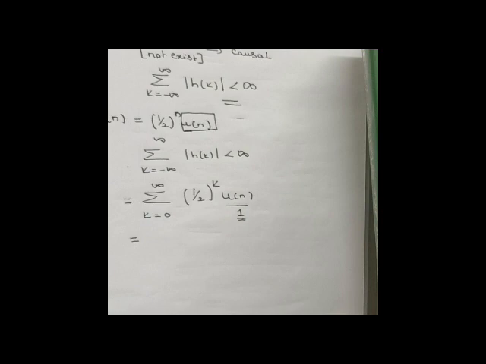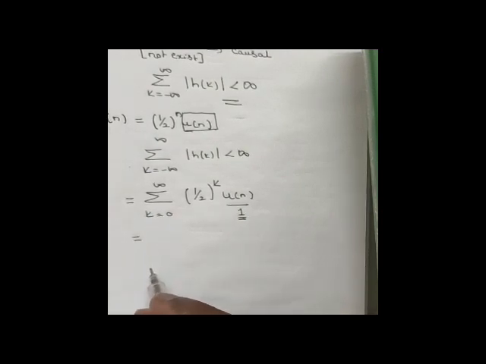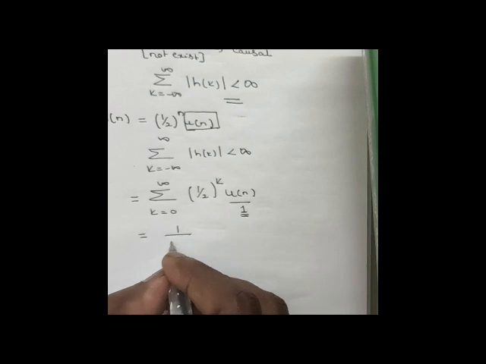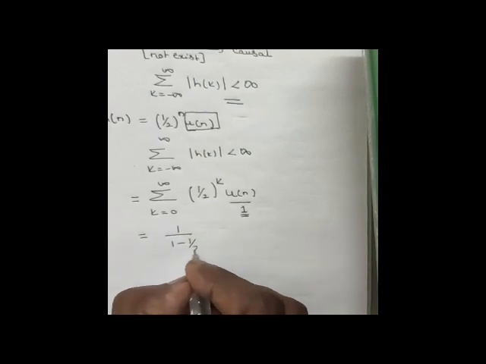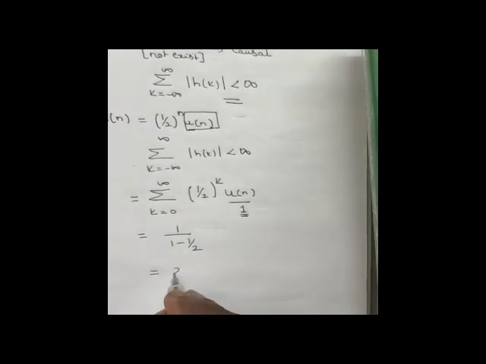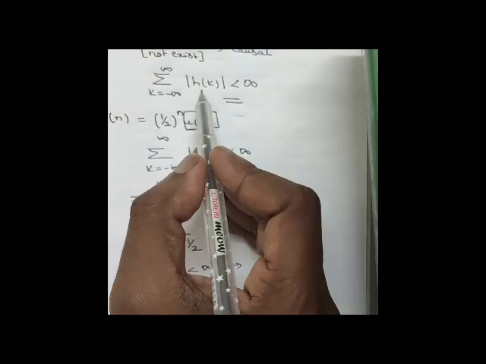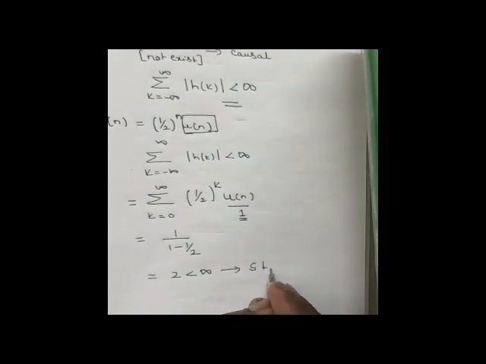As we all know, summation k equals 0 to infinity of a to the power of k is equal to 1 divided by 1 minus a. So this is 1 divided by 1 minus 1/2, which is 2. 2 is always less than infinity. So if the summation of h of k is less than infinity, the system is stable.